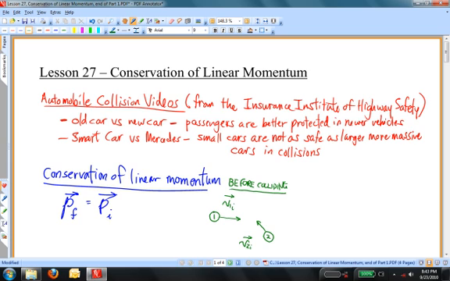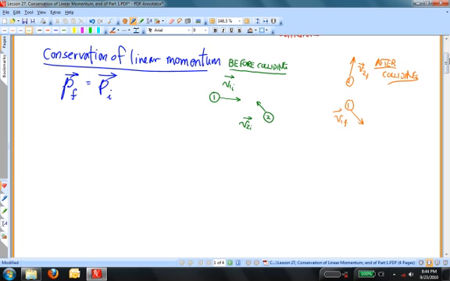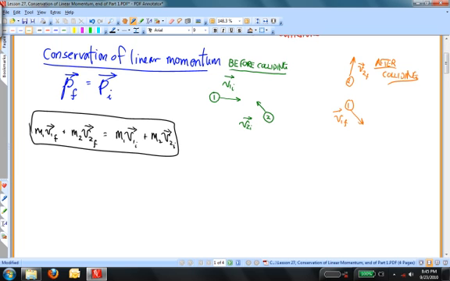After they collide, they're going to have some different direction and some different speed, perhaps. So here's how I could write the principle of conservation of linear momentum for this two-body system. This vector equation that has the masses and the velocities in it is probably going to be the most useful way that you're going to write the conservation of linear momentum.